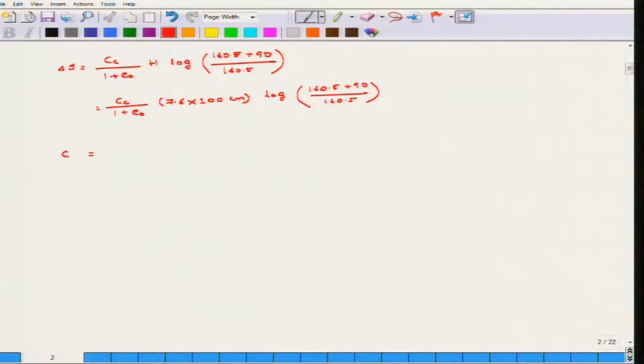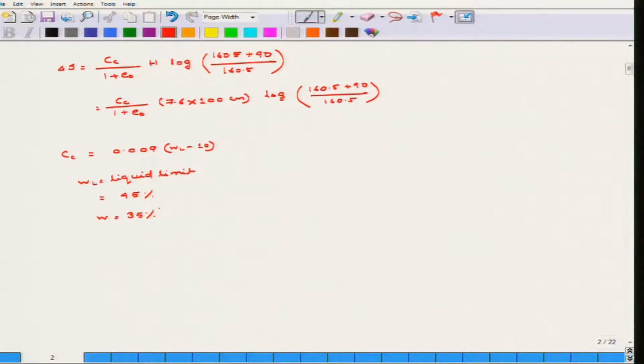Now, Cc can be found from the general formula of Skempton's compression index, which says that Cc can be given in terms of liquid limit as 0.009 into (WL minus 10), where WL is the liquid limit. It has already been given in the question that WL is 45 for the clay layer, and the natural moisture content, W, is 35% for the clay layer.